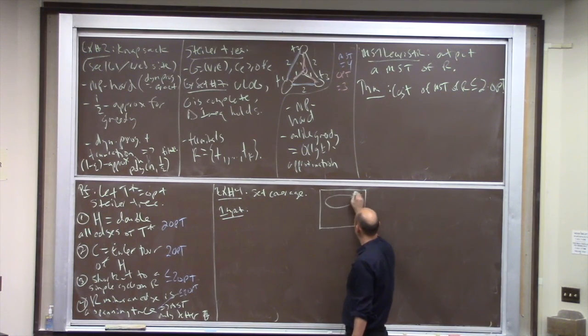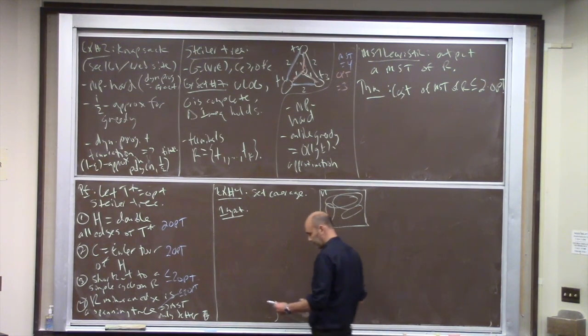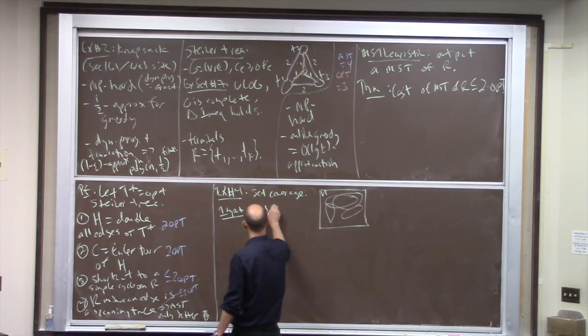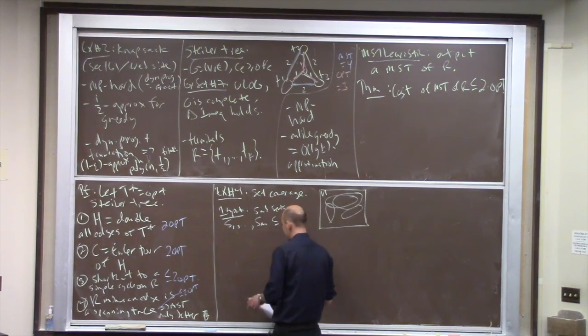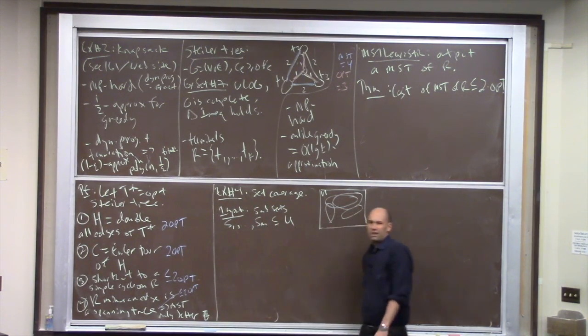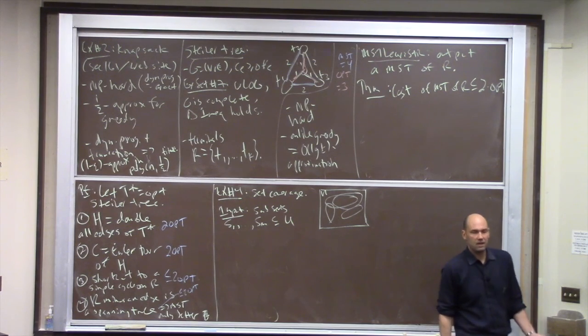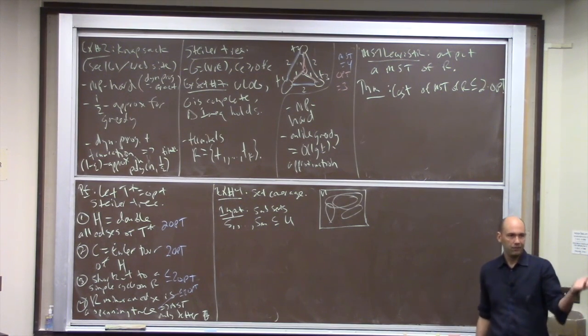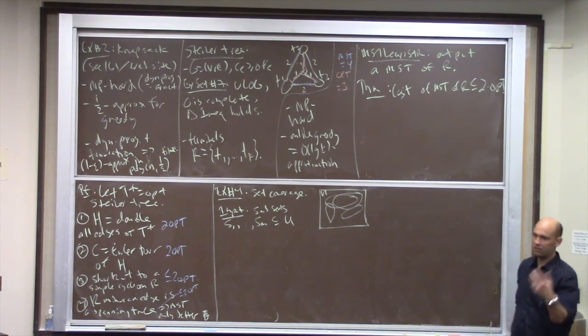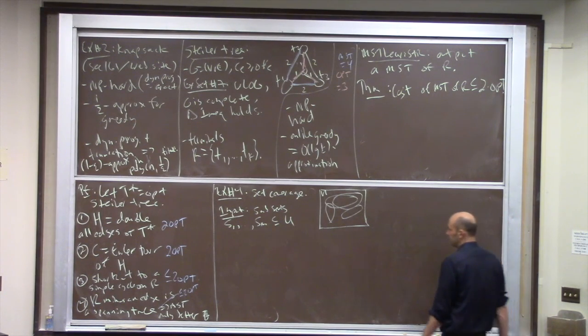So maybe there's a subset, there's another subset, there's another subset, and there's a subset, all of some ground set U. So subsets S1 up to SM belonging to a ground set U. Think of each subset as specified by a list of its elements. So if it has 12 elements, it's just like a linked list of 12 elements in the input.